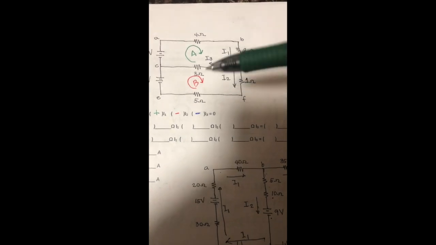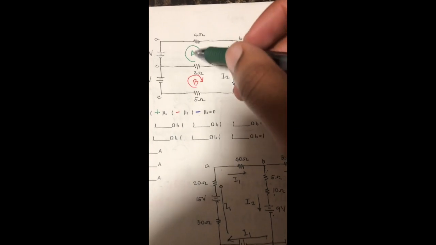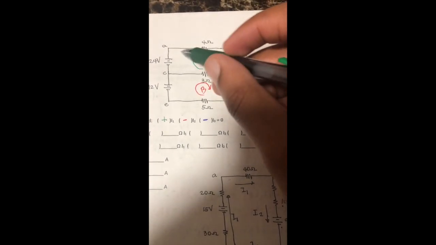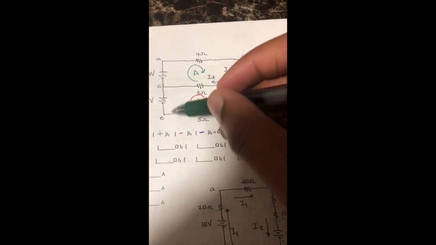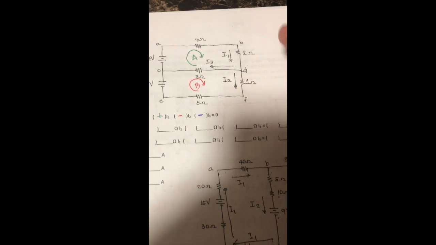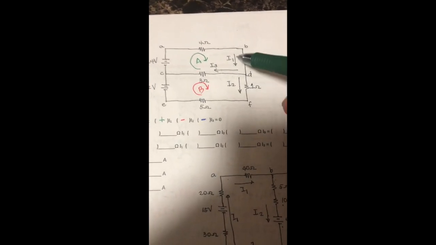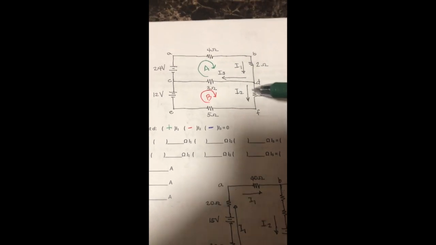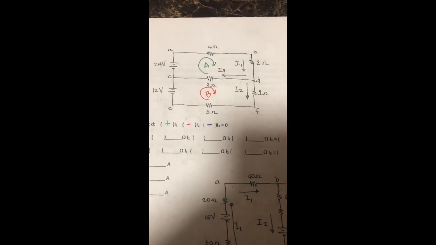analyze this. And before we analyze it, note, in the previous problem, it was an I1, I2, or I3 in the loop. And that meant that I1 was flowing all throughout, or I2 was flowing all throughout, or I3 was flowing all throughout. Now that's not the case. Now the current's splitting. So I1's flowing, and then it splits into I2 and I3. So I1 is no longer going all the way around.